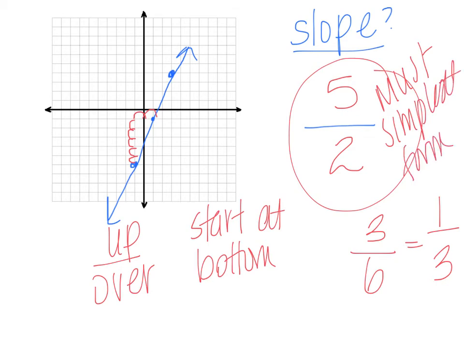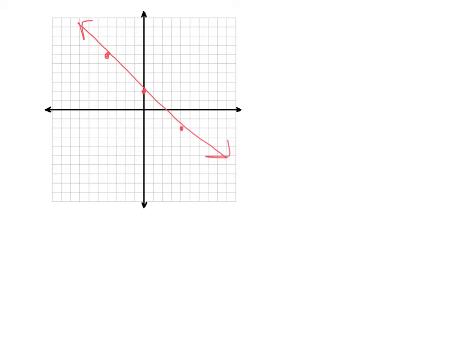Let's try another one. Okay, let's find the slope of this graph. So again, I'm finding slope, so this is going to have to be a fraction. And I notice from the top going down, it's moving in a downward direction. So right away we can say that this is going to be a negative slope. Again, you can start at the bottom point and count to the next.